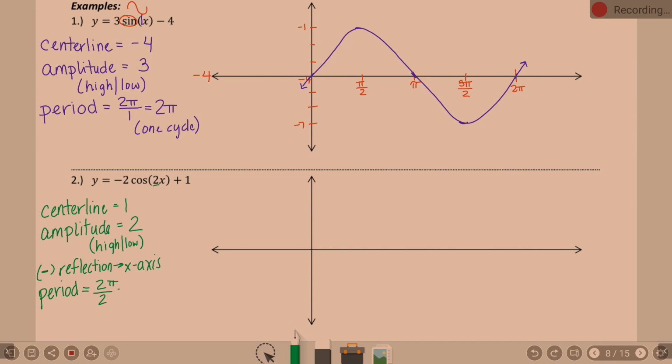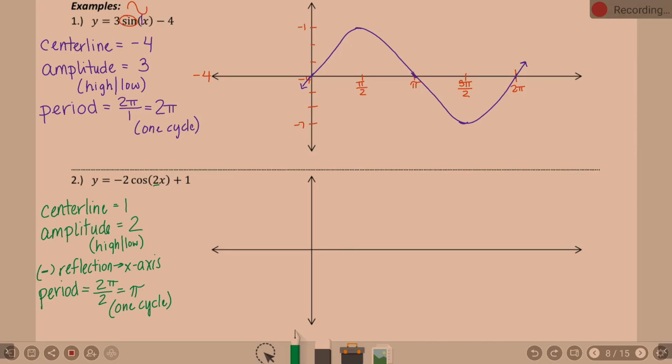What is 2 pi divided by 2? 1 pi. So my graph that normally goes from 0 to 2 pi is now just going to go from 0 to pi. Okay? So one cycle of the curve is going to fit in pi, between 0 and pi.